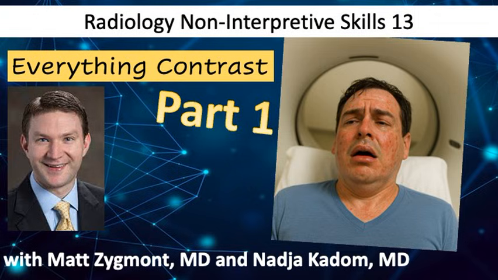Matt, besides the allergies, there's an issue with kidney injury. So this could be either in patients who already have chronic kidney disease or there could be acute kidney injury. Can you talk a little bit more about that? Yeah, absolutely. That's really something that in our current policy, we spend a lot of attention to. I think it's important to understand some of the history.